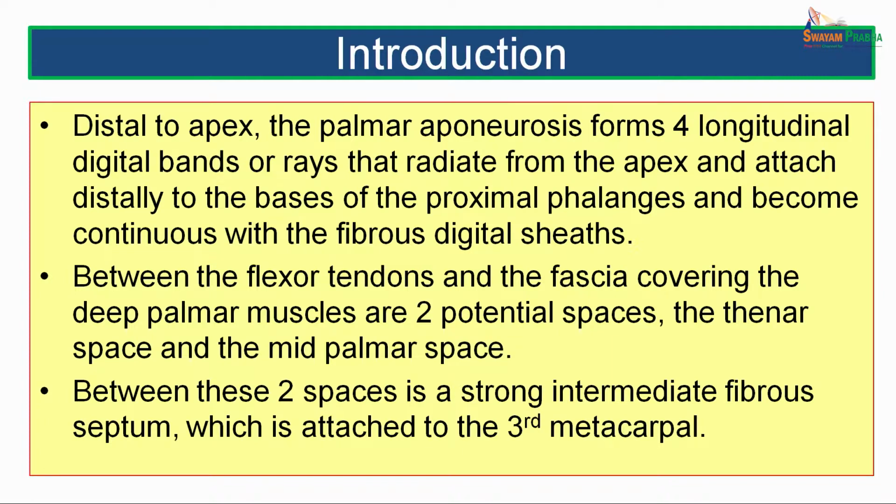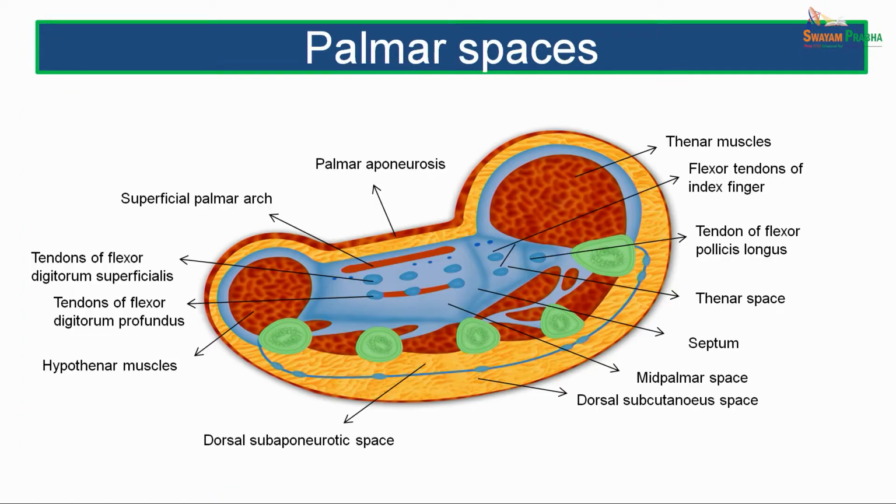Between the flexor tendons and the fascia covering the deep palmar muscles are two potential spaces, the thenar space and the mid-palmar space. Between these spaces, a strong intermediate fibrous septum is seen, which is attached to the third metacarpal bone.